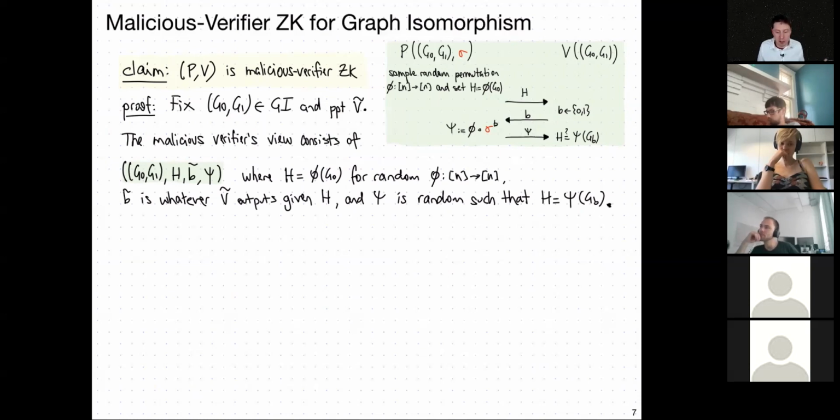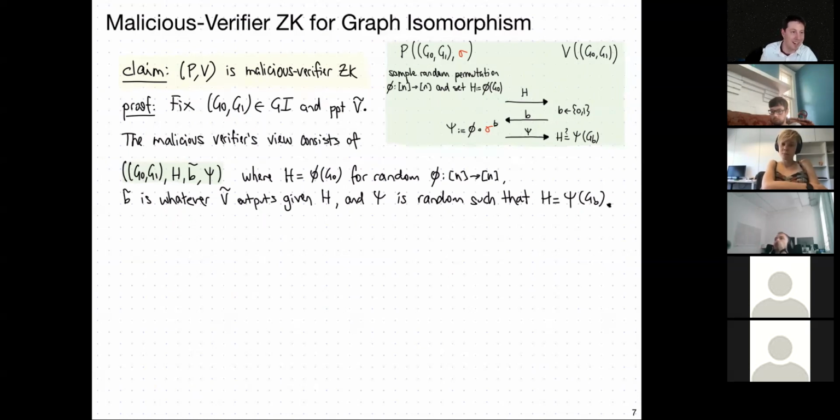It is distributed according to whatever the verifier says. Specifically, first the honest prover sends, as before, a random graph constructed this way. Then b tilde is a bit. Obviously, there's no need to consider situations where the verifier sends a camel, because then the prover would have rejected, and then it's easy to simulate.